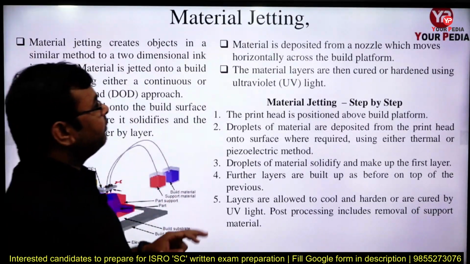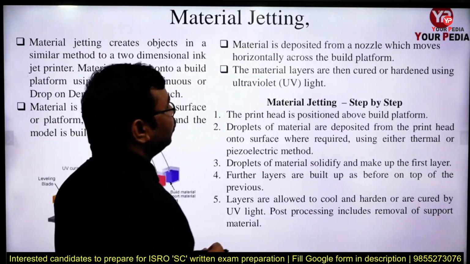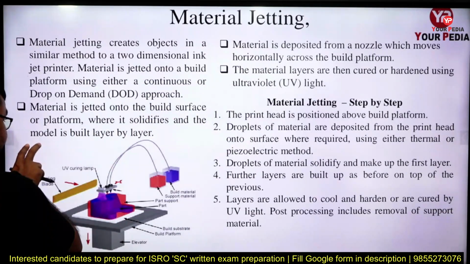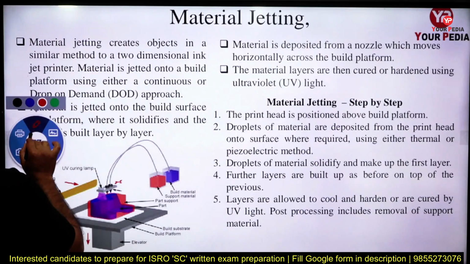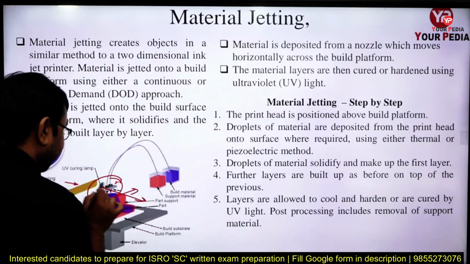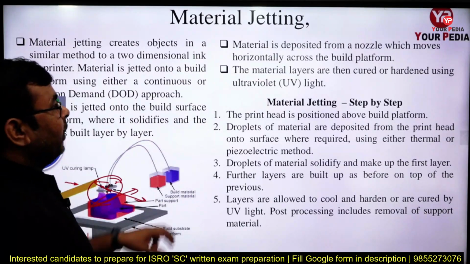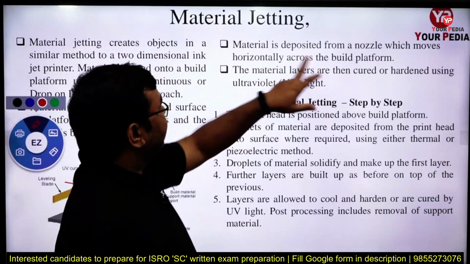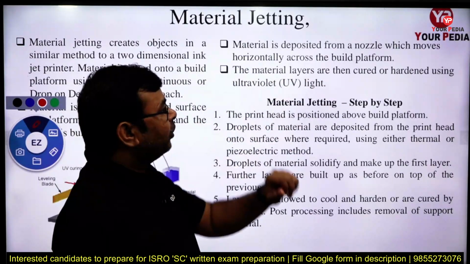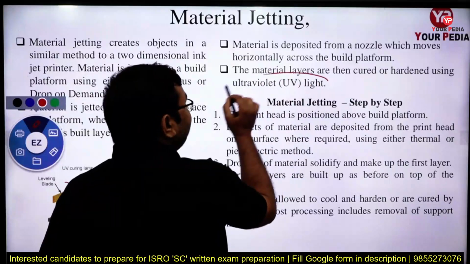And now material is deposited from a nozzle which moves horizontally across the build platform. So you can see here, this is the nozzle which is moved along the horizontal direction like this and like this, yes or no. The material layers are then cured or hardened by using UV light.